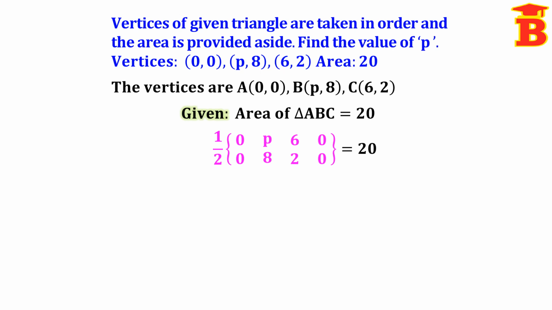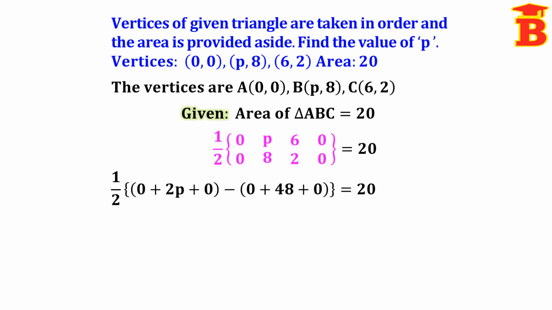That is half into first point (0, 0). Second point (P, 8). Third point (6, 2). Again first point (0, 0). Equal to right hand side 20.